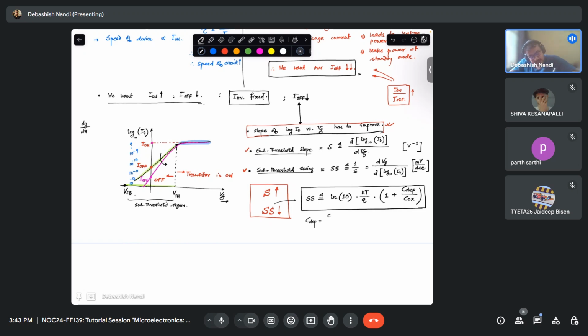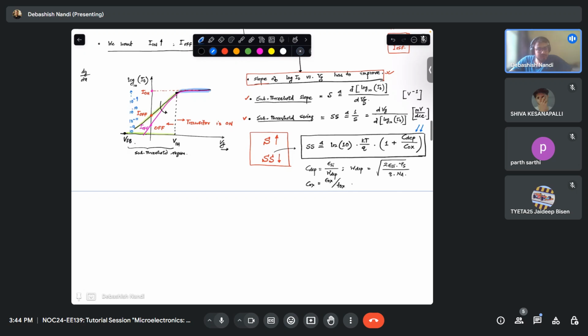C depletion is your epsilon silicon over W depletion. And what is your W depletion? You know that it is nothing but the square root of 2 epsilon silicon times your surface potential over q times your doping. And what is C ox? It is epsilon ox over T ox.